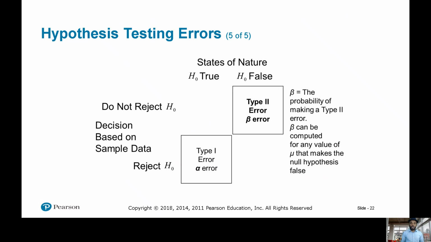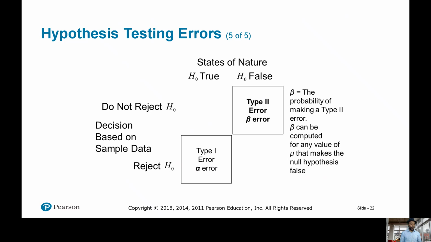We use beta to represent the type 2 error. This is the probability of making a type 2 error. Beta can be computed for any value of the population mean that makes the null hypothesis false. So beta is the probability of a type 2 error, not rejecting the null hypothesis when you should reject it.